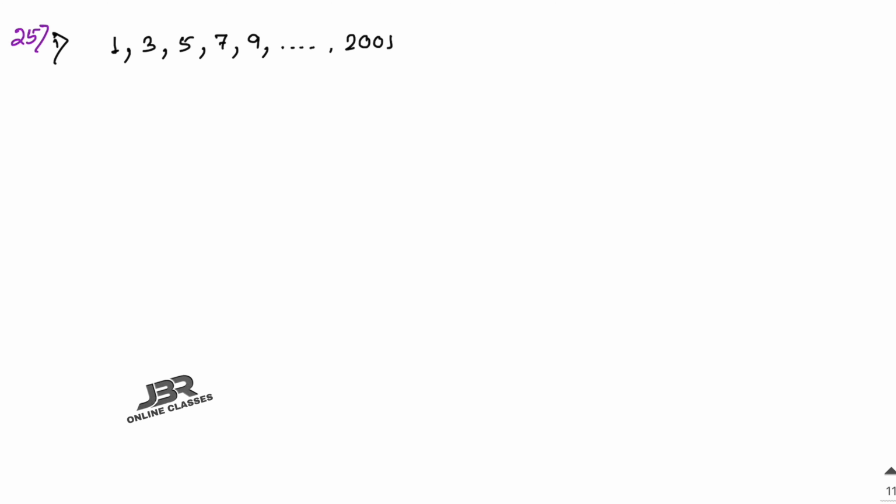So here first you have to find out the total numbers, how many numbers are there. That means you have to find out the value of n. As here A equals 1 and D equals 2, and the last term, that means 2001, so L equals 2001. You know the formula for L: A plus (n minus 1) into D equals 2001.